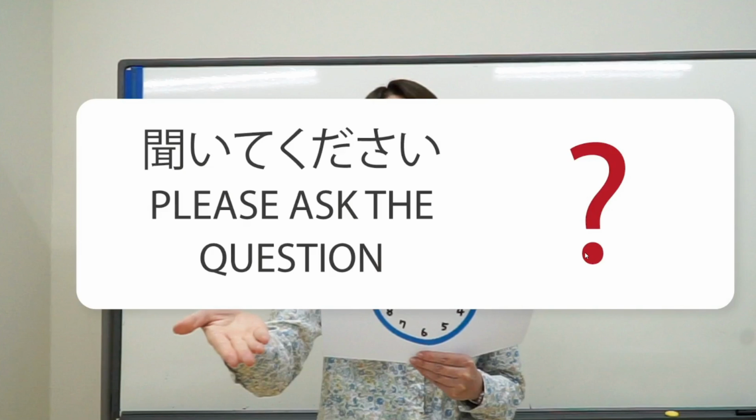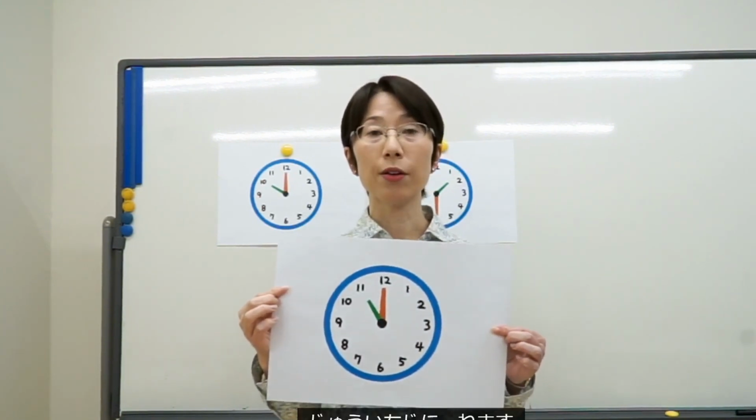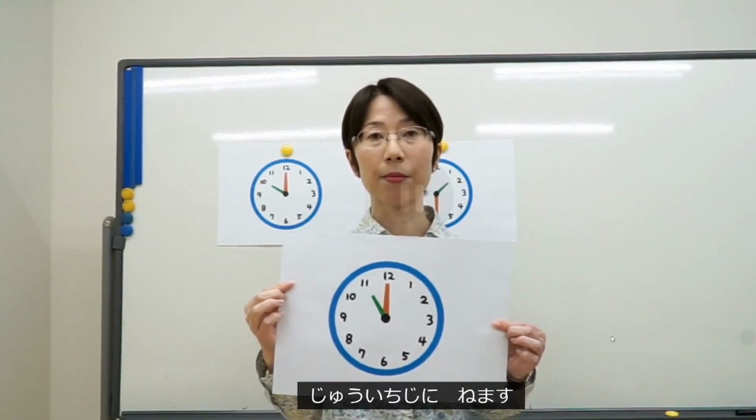The sentence itself. Was it nanji ni nemasu? Nanji ni nemasu. いつも何時に寝ますか？ 11時に寝ます。 Oh, this is cheat.